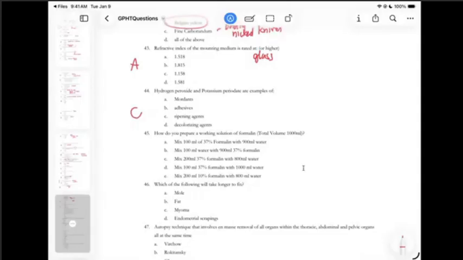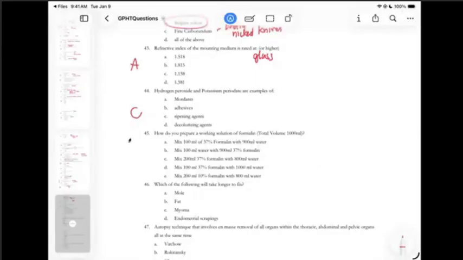Prior to use, we have to ripen the hematoxylin to obtain the active component. The active component we get after ripening is hematein. So number 44, this is letter C.